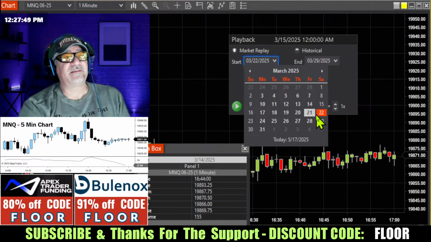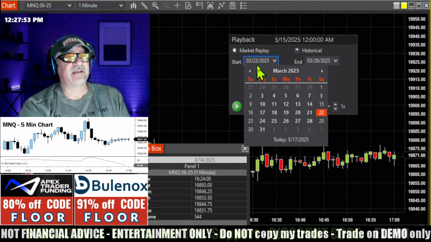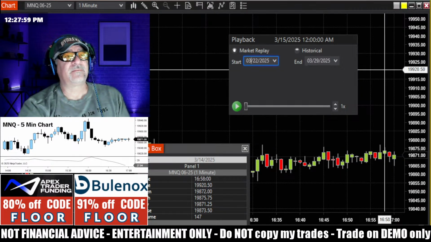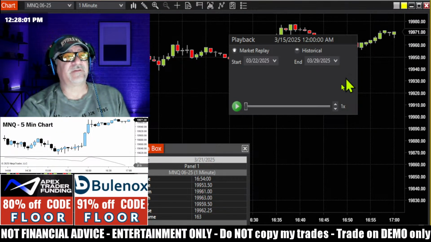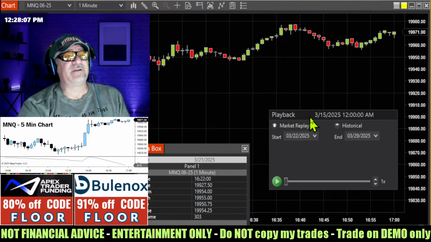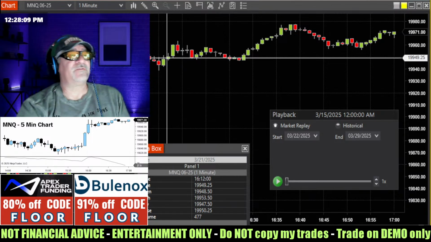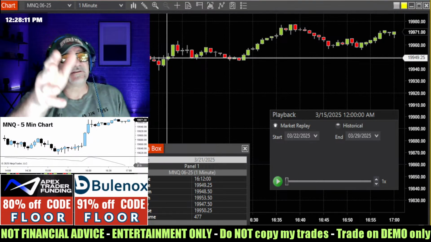If I want the data from the 21st going backwards, I need that to start here because the date loads historical data, not future data. When you play with market replay, you'll figure it out, but it's very easy. Just go one day after the period you're looking at. So if you want to look at the 15th to the 20th, make your start day the 21st.